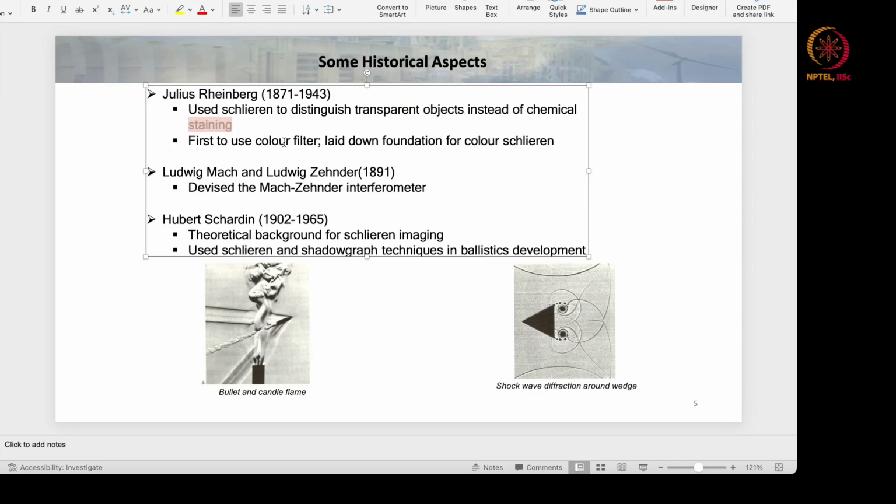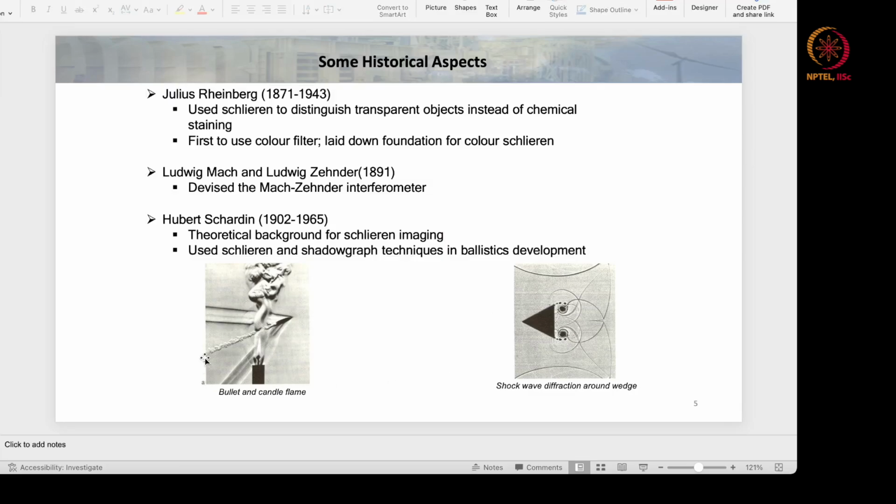And he was the first one to use a color filter, which laid the foundation for color Schlieren. Then, of course, there were Mach and Zehnder, and they devised the interferometer, which basically uses optical path difference. And then Hubert did the theoretical background for Schlieren imaging, and he used it for different ballistic development.